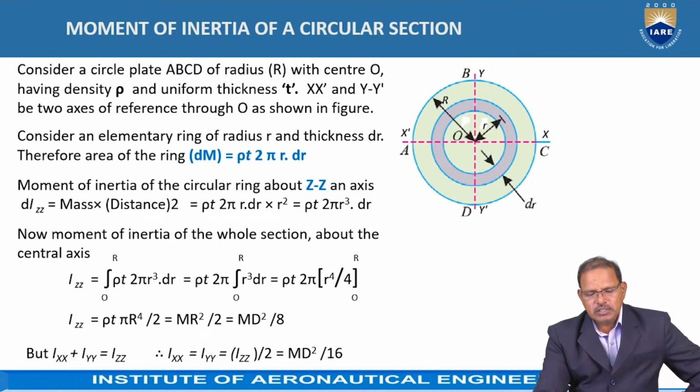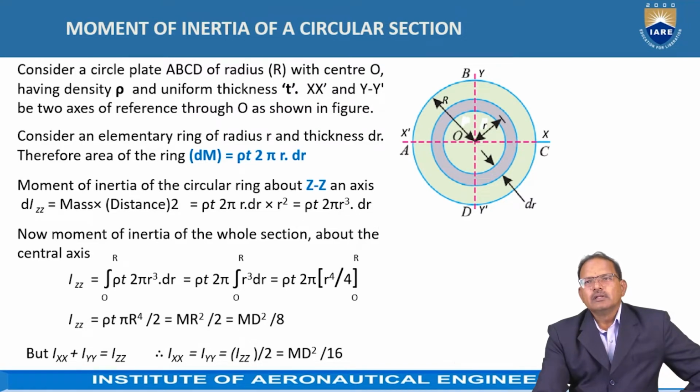Moment of inertia of a circular section. Now let us consider a plate of circular section having uniform thickness d, where capital D is the diameter of the circle and capital R is the radius of the circle.